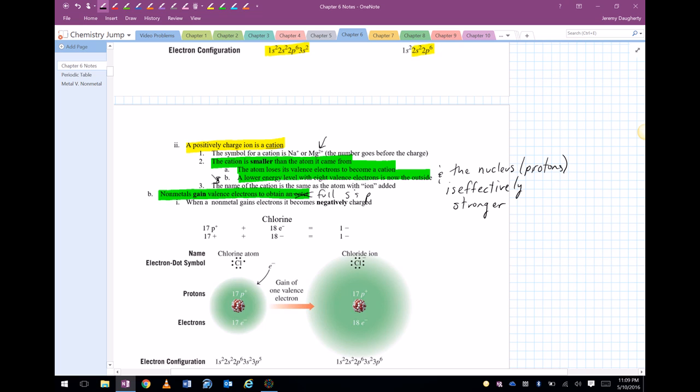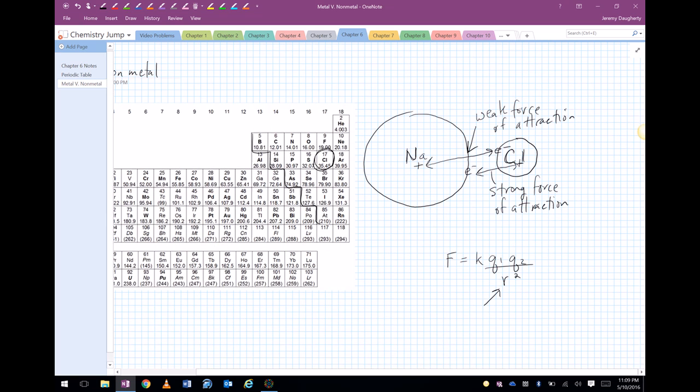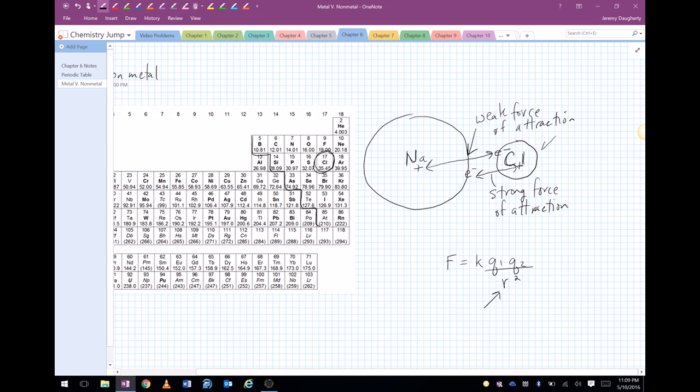And we already sort of looked at why they gain electrons over here, right? We said that they're small, right? And so their nucleus is really close to the other atom's valence electron, as long as it's a metal, right? So that's what we sort of talked about.